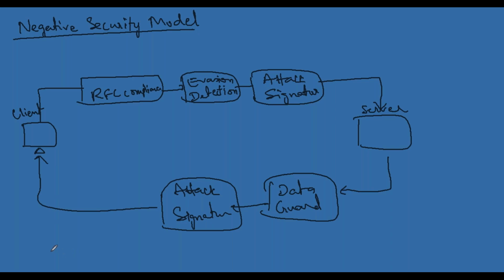Whenever you are deploying a security model, you should consider a combination of both as a best practice. So not only positive, not only negative. You should try to bridge the gap between these.